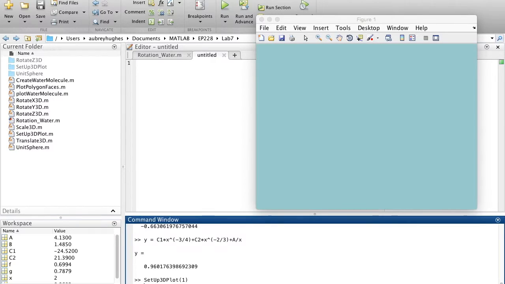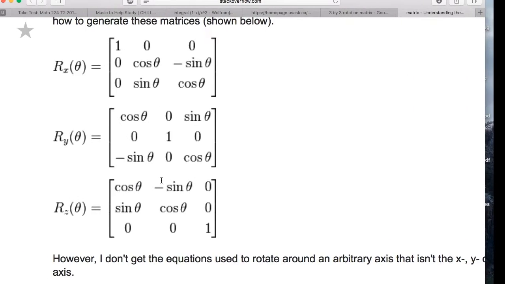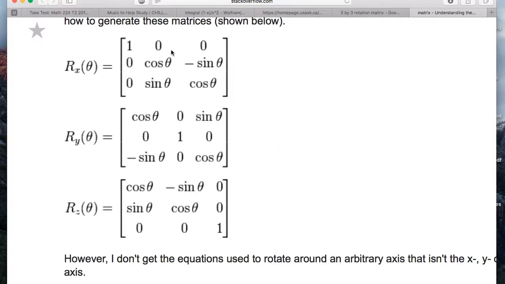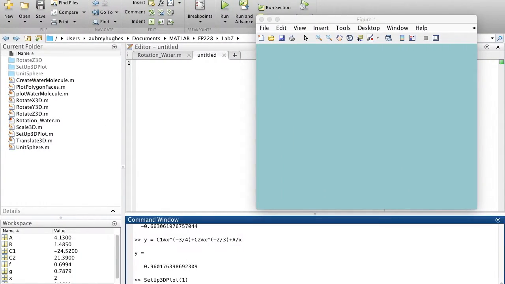Now we want to plot. We're given a second function, plot polygon faces, which takes a vertice matrix V and an F matrix, or our face matrix. Let's use the example in the assignment, where the vertices go in the columns.